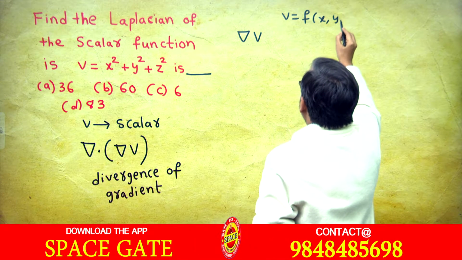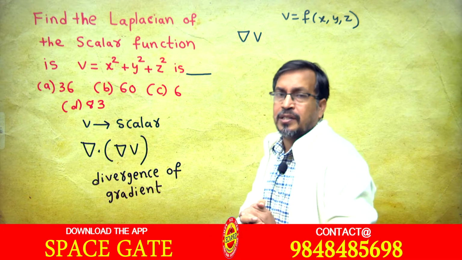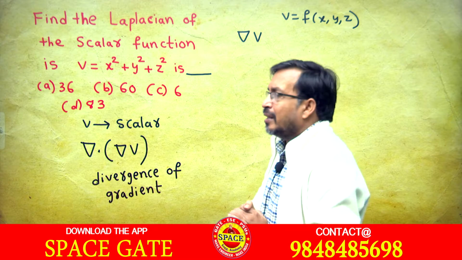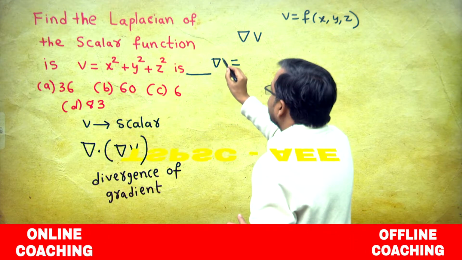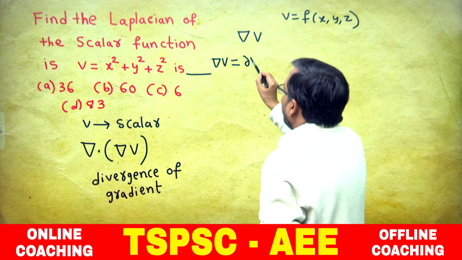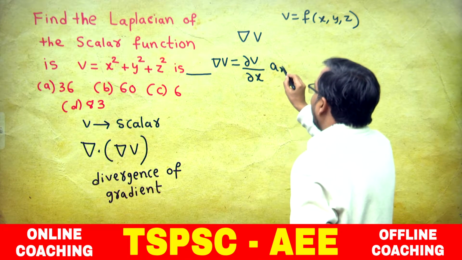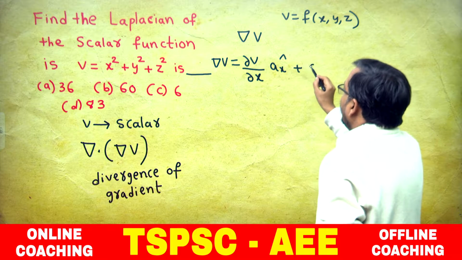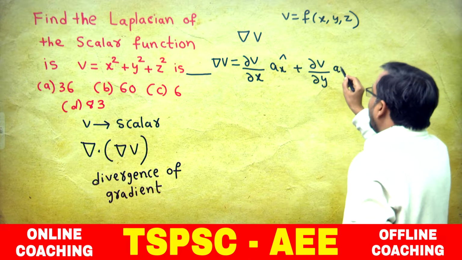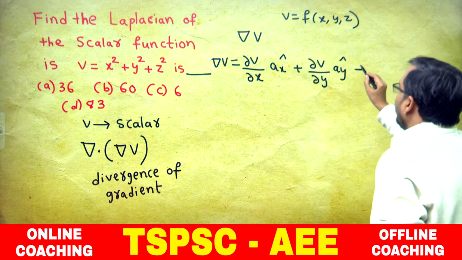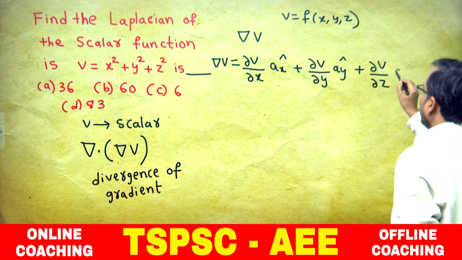So I am writing the gradient formula in the rectangular coordinate system: del v equals dou v by dou x ax cap plus dou v by dou y ay cap plus dou v by dou z az cap.